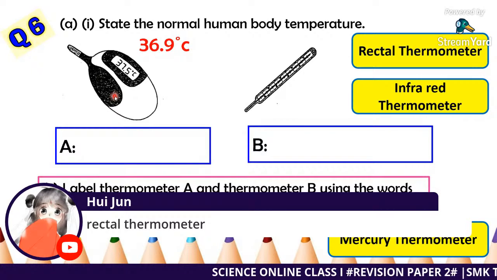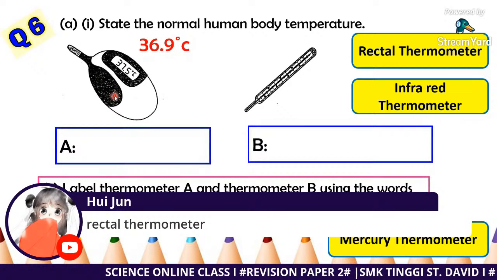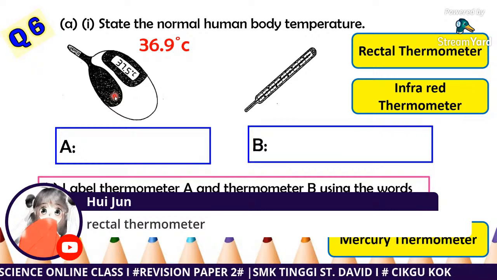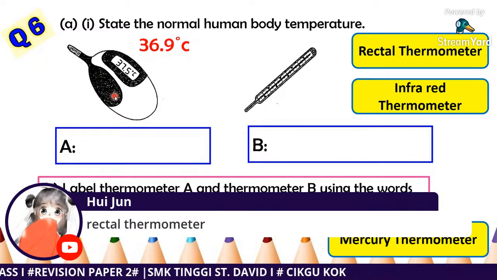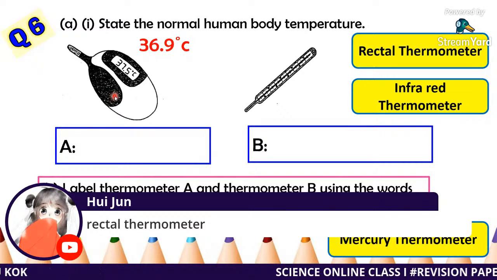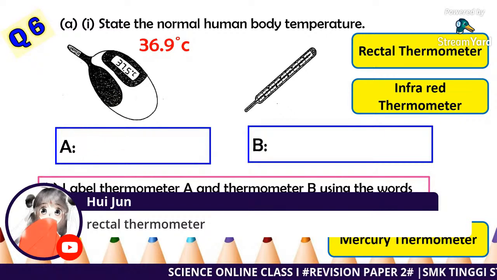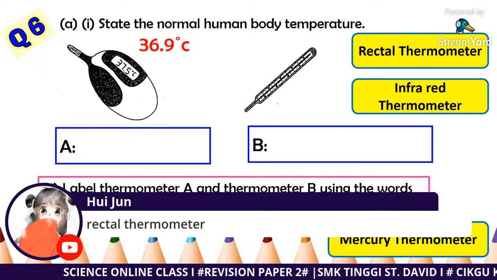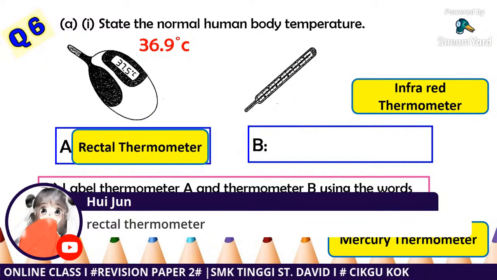Okay, I picked the answer from the student, Jala: clinical reactor. Then we can see Hui's answer is also reactor. Okay, reactor thermometer. That's a small needle only. This one is used for babies. So the first answer is reactor thermometer.